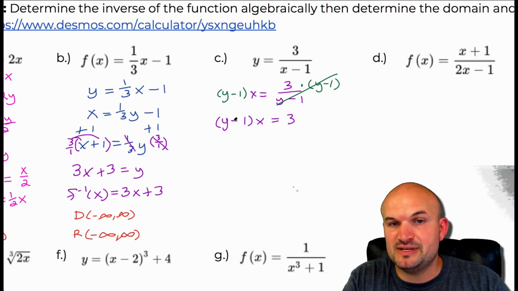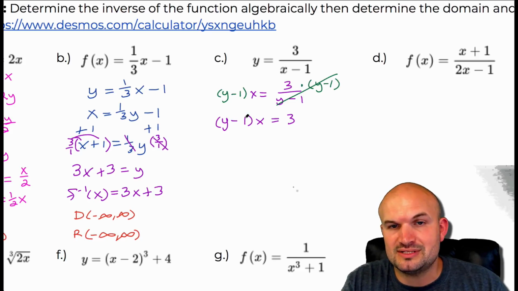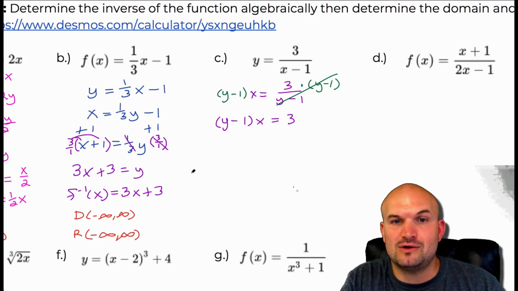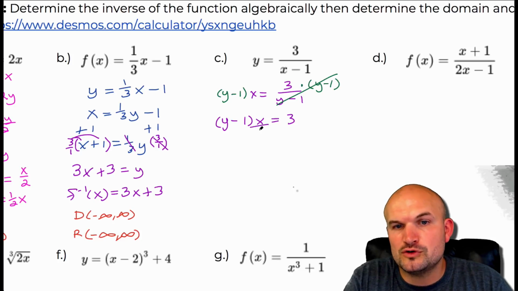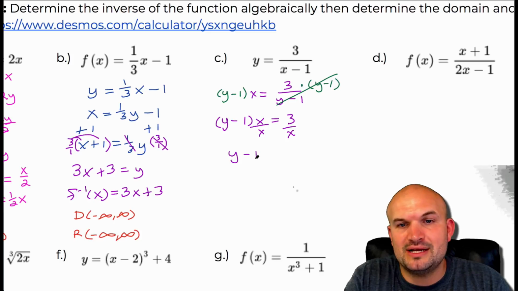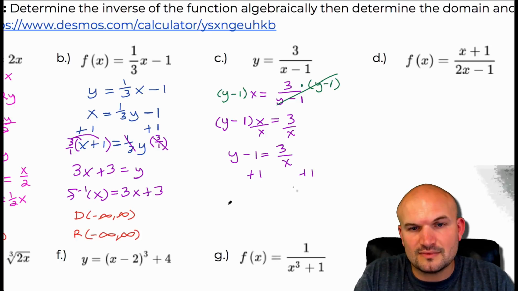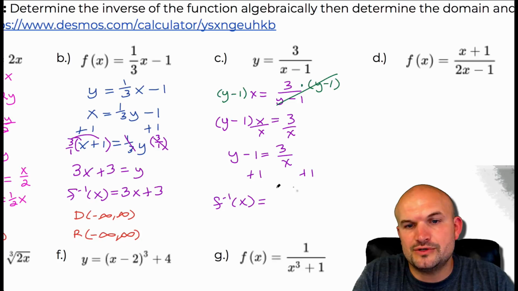My y is being subtracted by 1 inside the parentheses, and then it's being multiplied by an x outside the parentheses. So following that reverse order of operations, I'm going to divide by x first, and then I'll have y minus 1 equals 3 over x. Then I'll just simply add 1 on both sides. And now I have f inverse of x is equal to 3 over x plus 1.